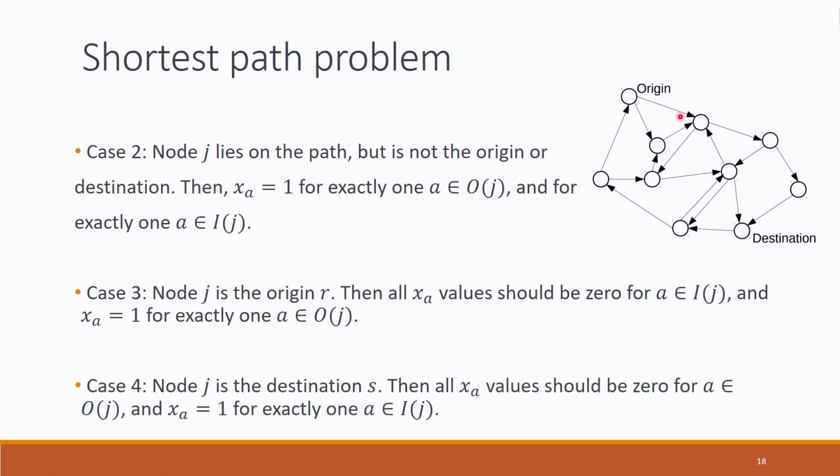And similarly, if node J is the destination node S here, then there will be exactly one incoming link to this destination node, and it will have xa equal to 1. In this example, this is that link. So, a destination node will never have an outgoing link, and an origin node will never have an incoming link. That is why we have considered cases 3 and 4 separately.